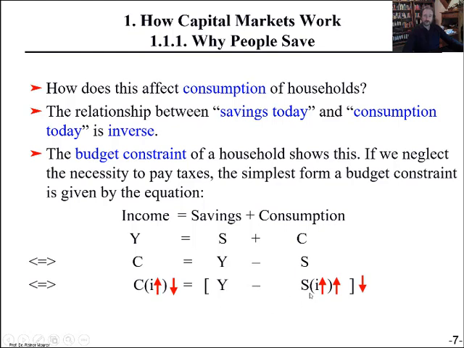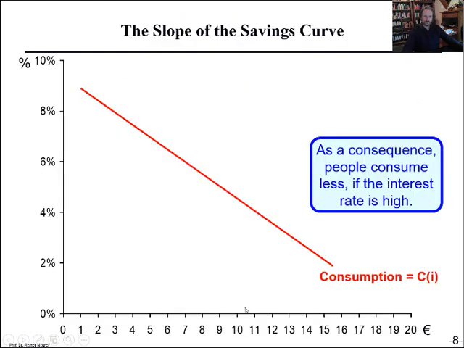If we make the assumption that a higher interest rate causes more savings, we symbolize this with a plus sign below the interest argument in the savings function and a negative sign below the interest rate in the consumption function.